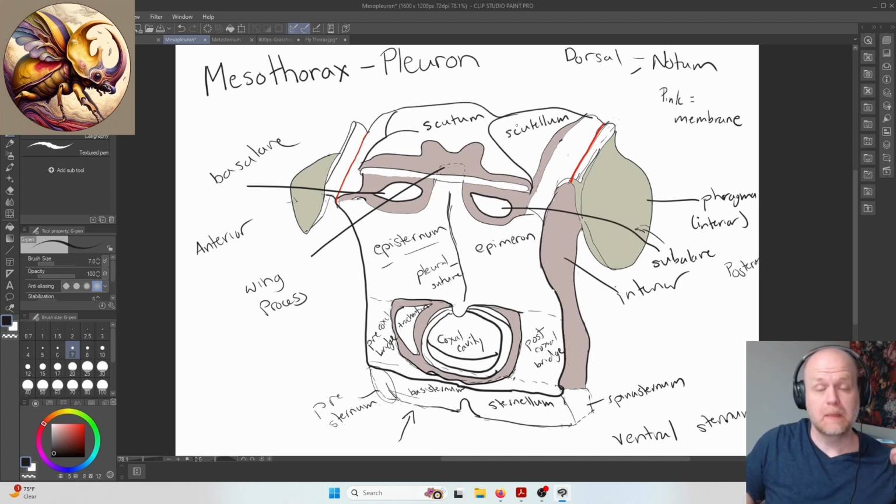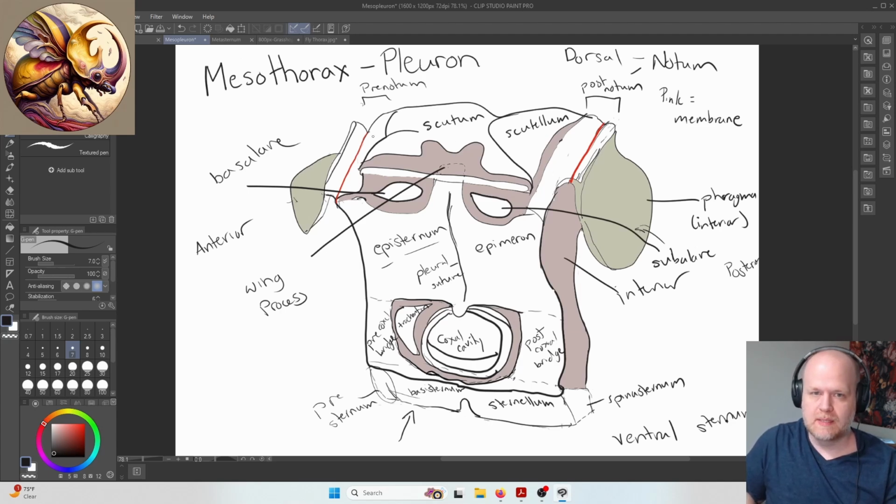On things like stink bugs and the hemipterans, the scutellum is usually very large. This area here is called the postnotum. And this area here is called the prenotum.